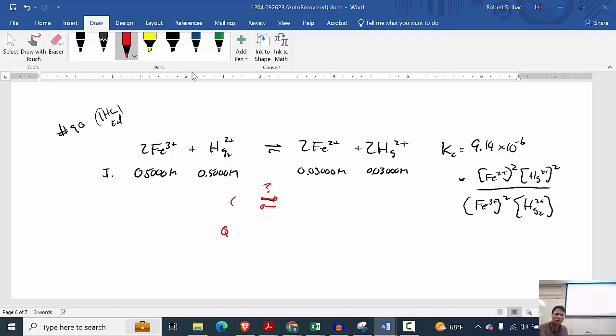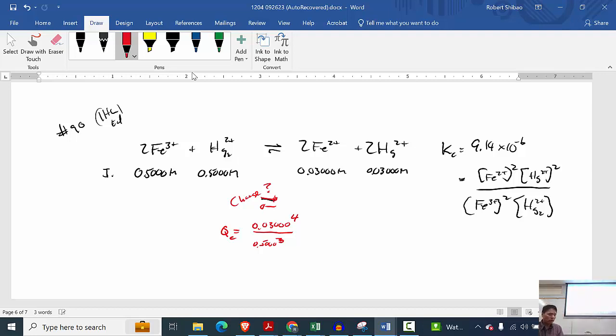Which direction is the change going to be? Well, we calculate Q in order to determine that and compare it to K. So I'm going to calculate Qc, which is going to be 0.03 molar up here, squared, times 0.03 molar squared. 0.03 squared times 0.03 squared is just going to give me 0.03 to the fourth. And then divided by 0.5 squared and times 0.5, this is going to give me 0.5 cubed.